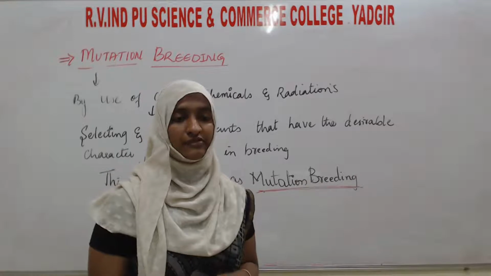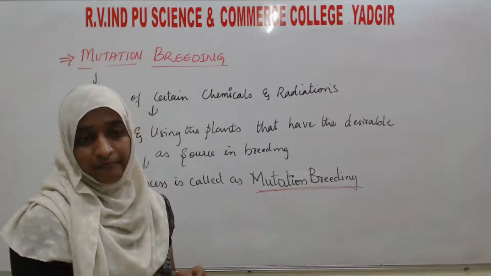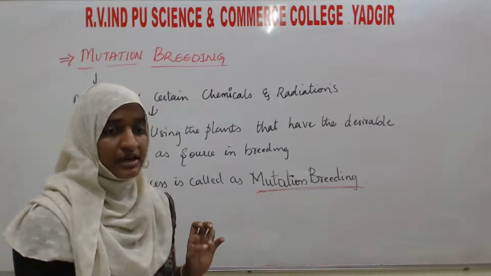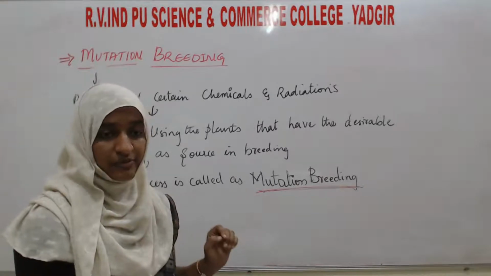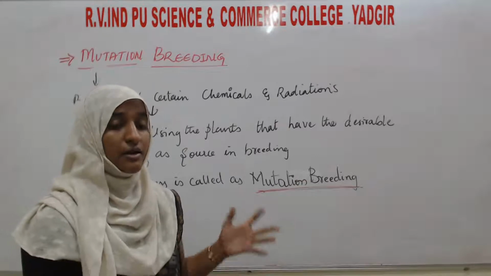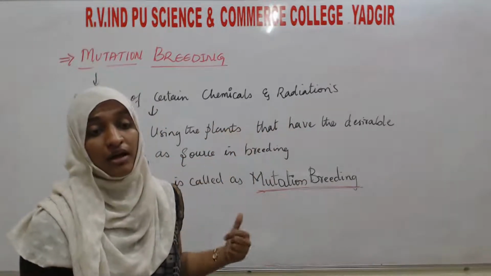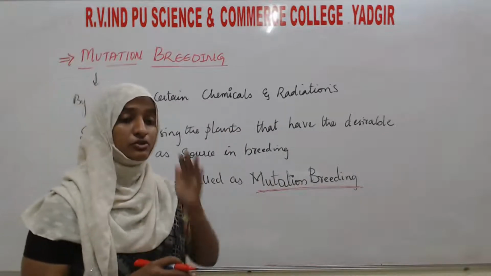So plant breeding can be developed by two methods: the conventional and the mutational. In conventional breeding the same steps are followed, but in mutation breeding, by using some chemicals and radiations, they induce the mutation. They want the mutation to occur.